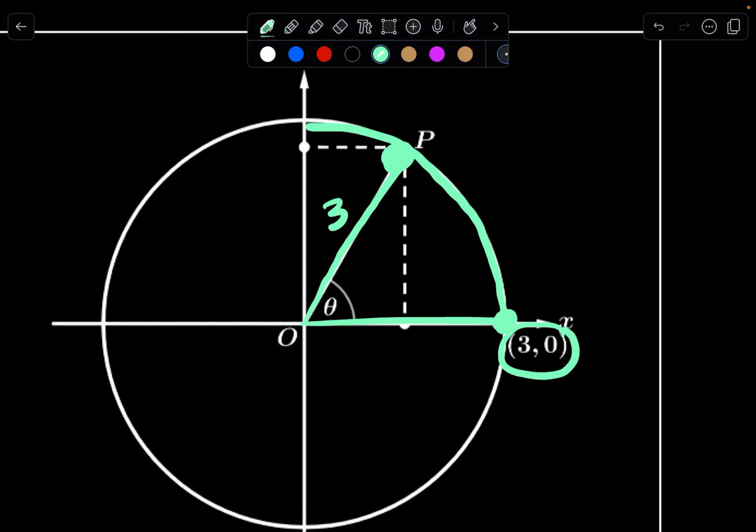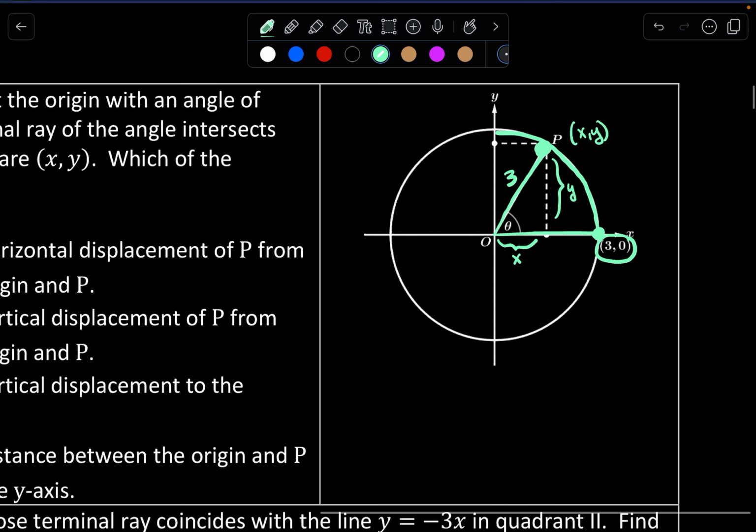Now, I'm not given any information about point P, so I'm just going to call this x, and I'll call this y, which means point P is just technically x comma y. So they're asking about cosine theta. Well, cosine theta is going to be x over r. We don't know anything about x, but we do know r, so we get x over 3.